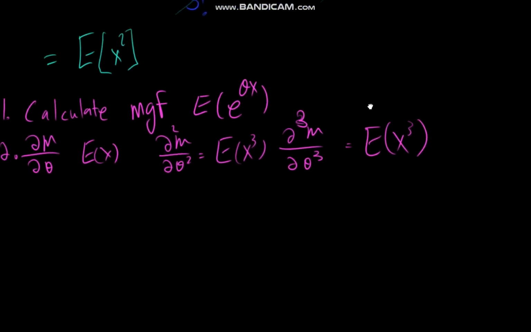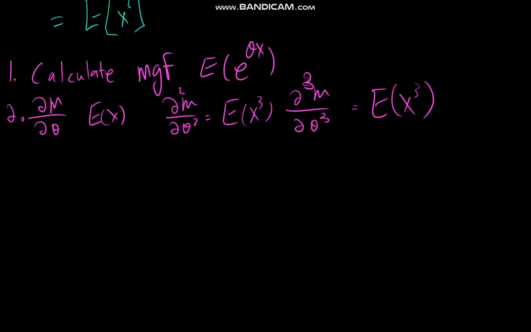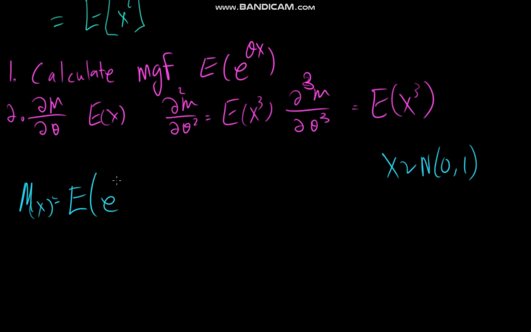And let's take a small example. Let's talk about x, which is normally distributed with mean of 0 and variance of 1. So let's compute its moment generating function. So we know that the moment generating function is the expectation of e to the theta x.